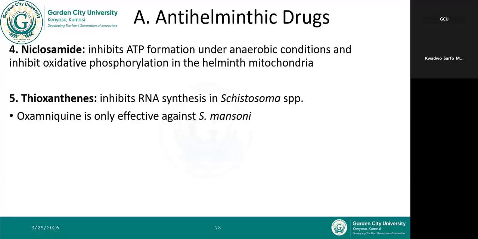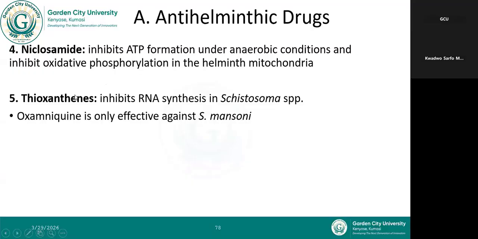Then the nucleosamides and the tyrosantins, they inhibit energy formation by targeting the mitochondrial activities. You know, the mitochondria is the powerhouse of the cell. So once the electron transport chain is affected, there will be no oxidative phosphorylation and energy cannot be produced.